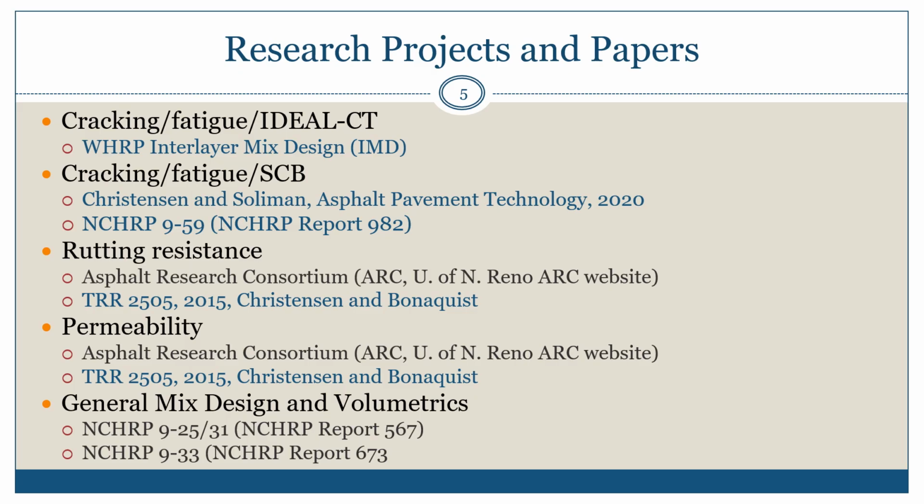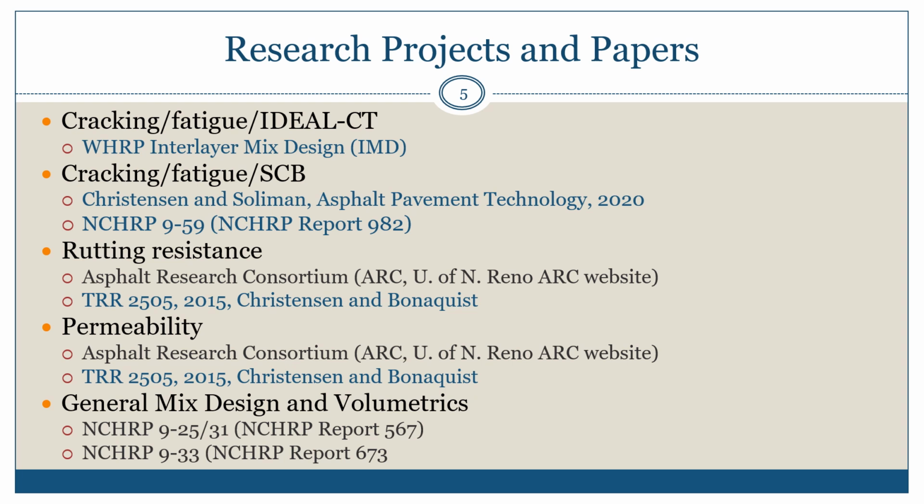Third project listed here involved development and refinement of the rutting resistivity model. This is a model that can be used to estimate the rut resistance of mixtures just based on the mixture composition, volumetrics, and the binder properties.